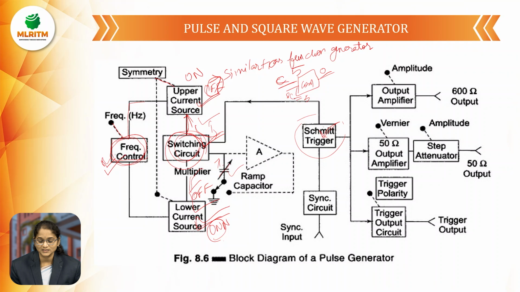The signal obtained here is given to the Schmitt trigger, which converts any type of input signal into a square signal. The Schmitt trigger output is given to different amplifiers and attenuators, and we get the 600 ohm output and the 50 ohm output.